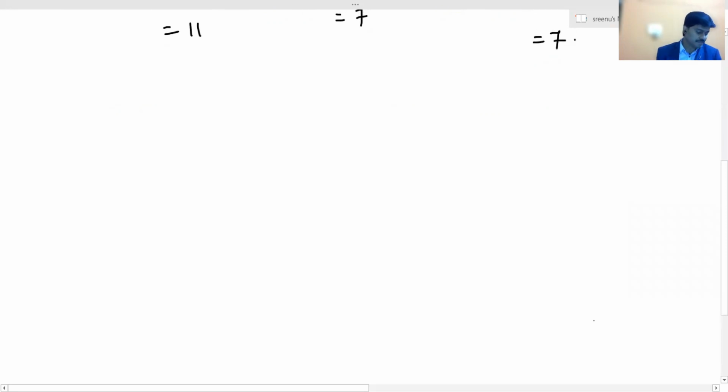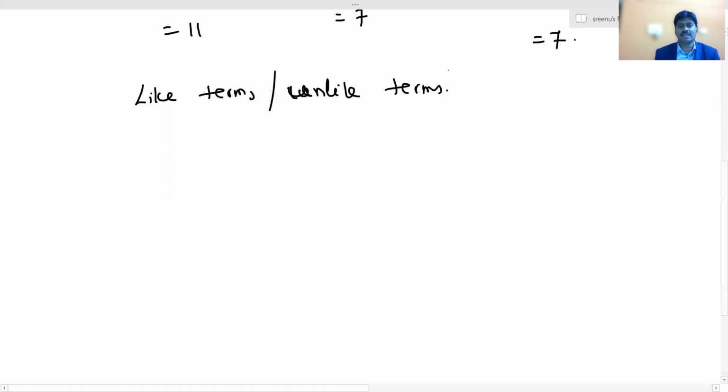Next, like terms and unlike terms. So what is a like term and what is an unlike term? Here I will write some examples. Same literal factors. Literal in the sense variables: x, 2x, 3x.